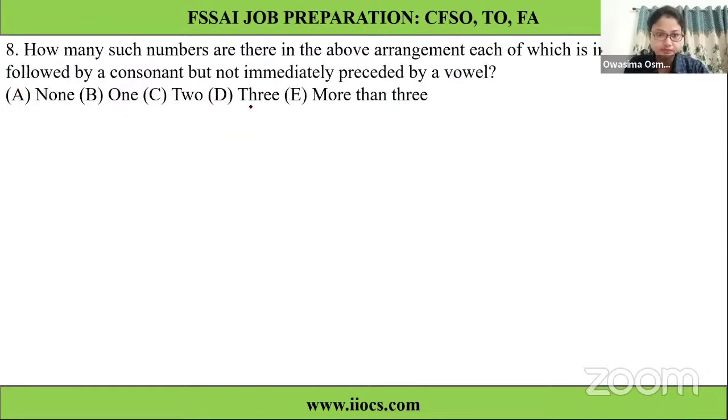Next, how many such consonants are there in the above arrangement, each of which is immediately followed by a consonant, but not immediately preceded by a vowel?